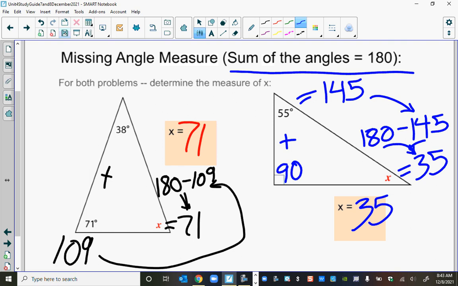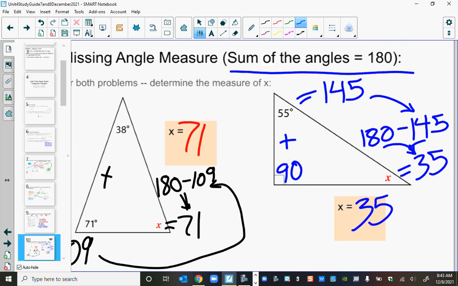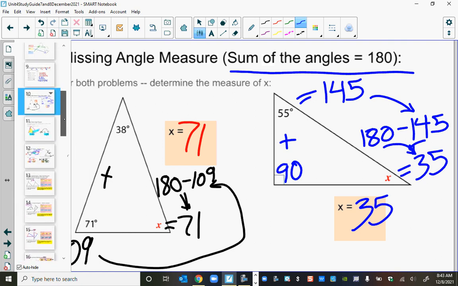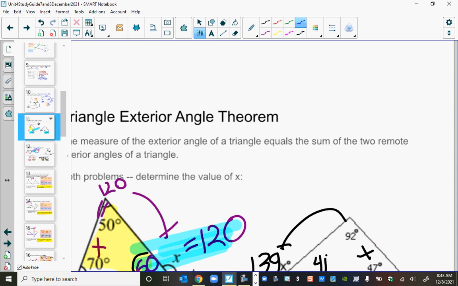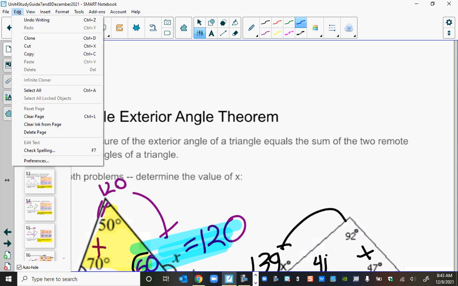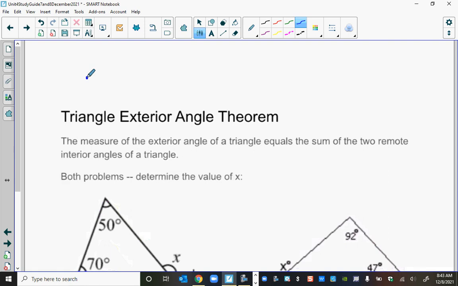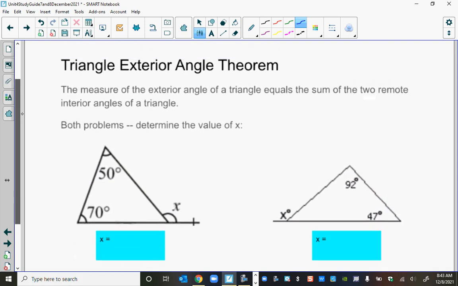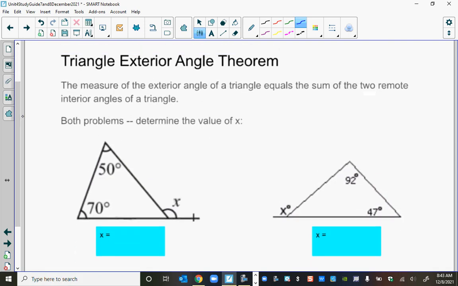Now, the next one. What you're going to need to do is I'm going to give you two angles, and you need to determine the angle that's outside.